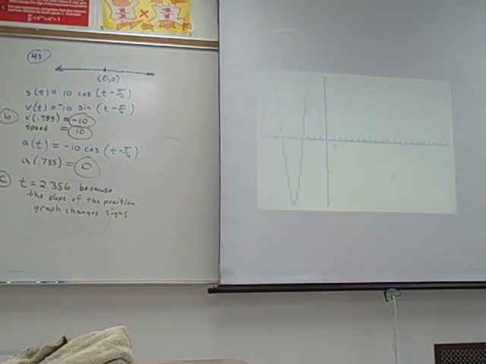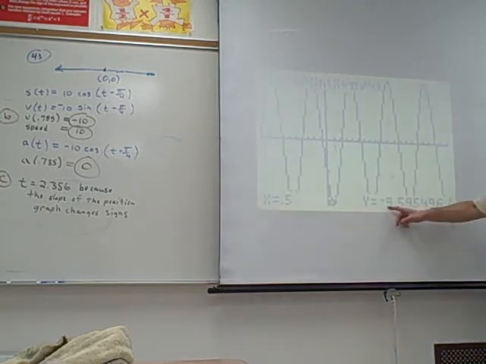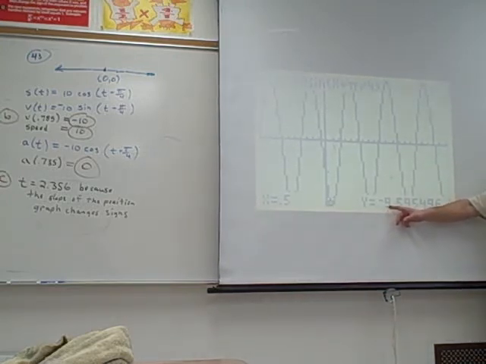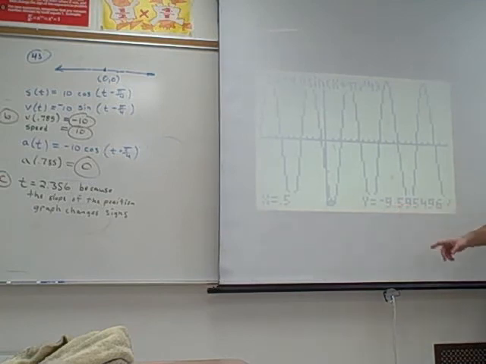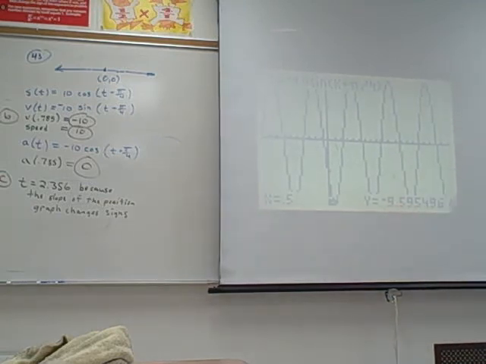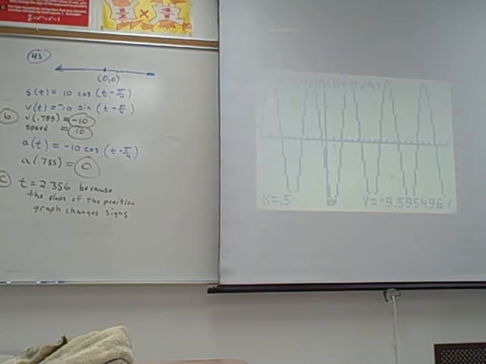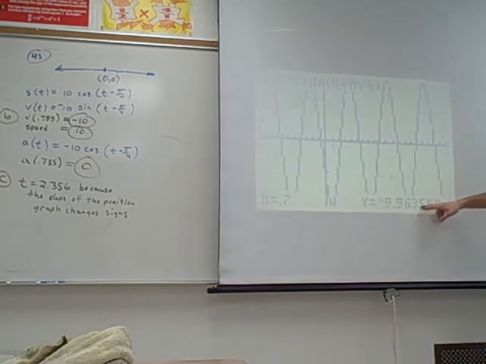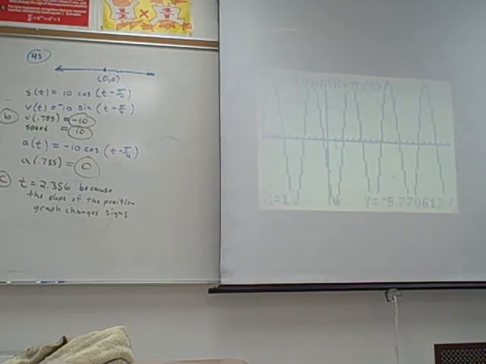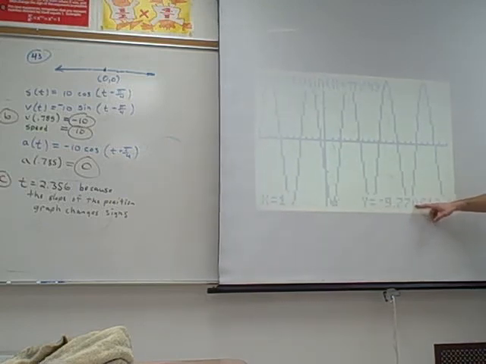I'm graphing the velocity graph. Okay, I'm going to hit trace, 0.5, enter. This negative velocity would mean the particle's moving left. Let's say we go to like 0.7 seconds, 0.7, enter. Still has a negative velocity, still moving left. 1 second. Still has a negative velocity, still moving left.